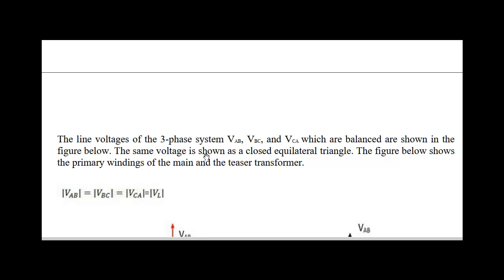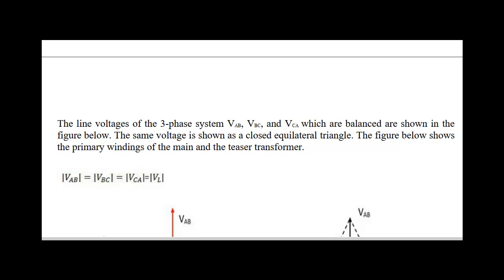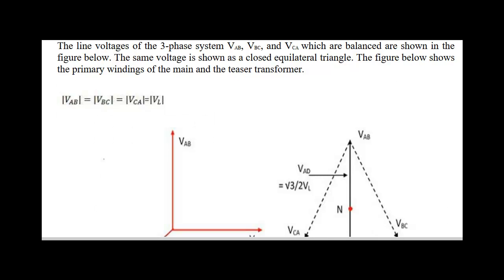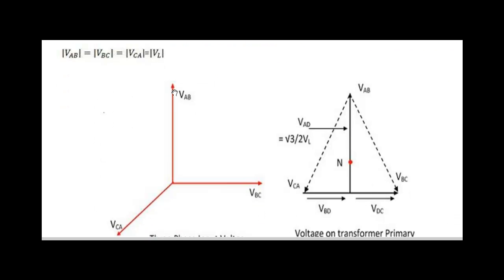The same voltages are shown as a closed equilateral triangle. The magnitude of VAB equals the magnitude of VBC equals the magnitude of VCA, equal to VL. These are 120 degrees apart from each other.